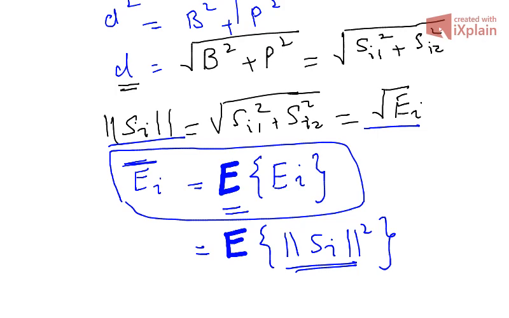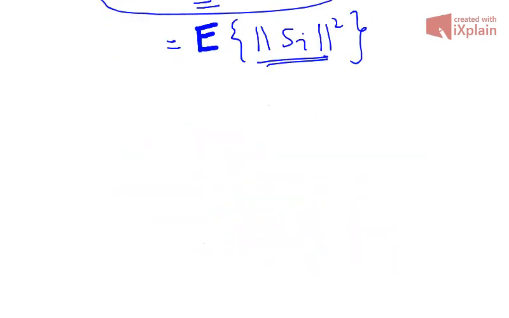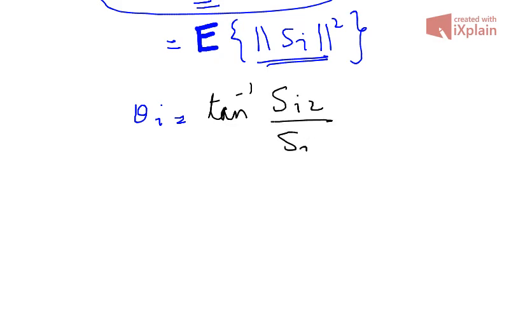Now, if you want to find out this phase, we can easily find out the phase angle. The phase is tangent inverse SI2 over SI1. You can see from that figure, from here we have this signal point, right? So don't forget your Pythagoras theorem. This is your theta.